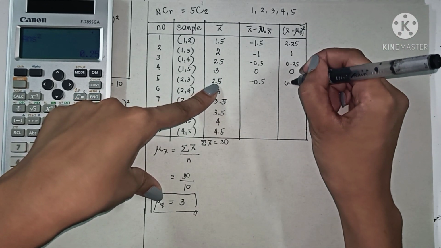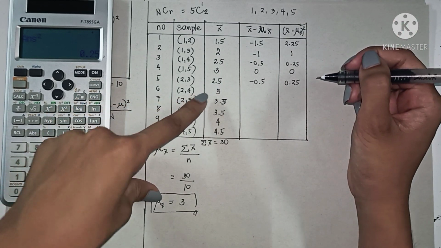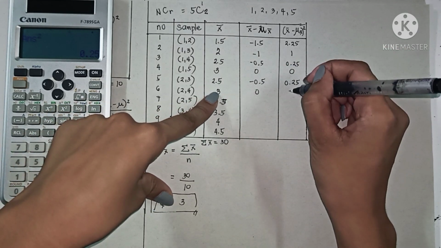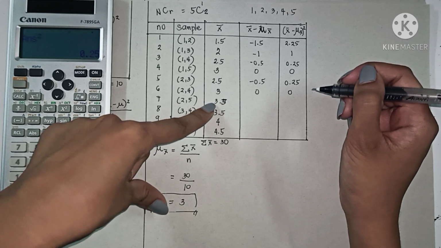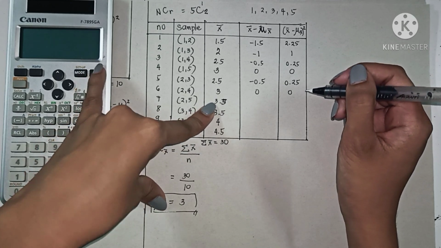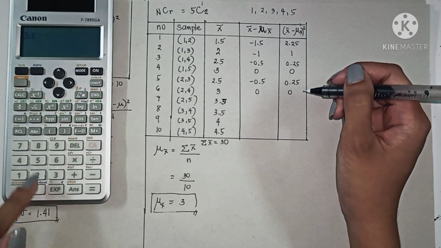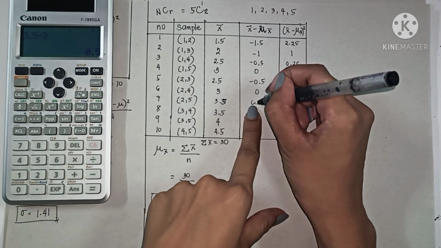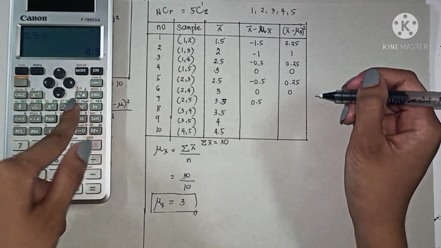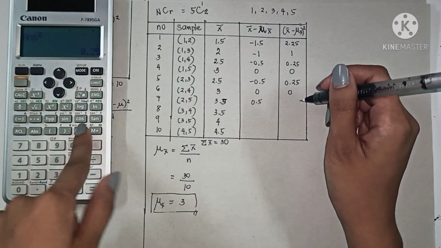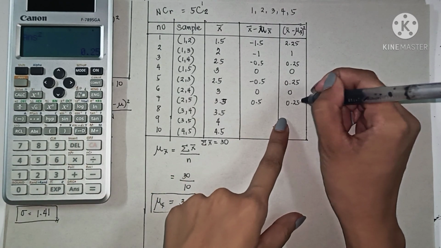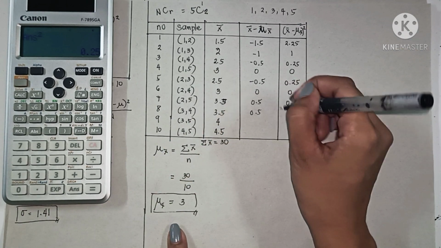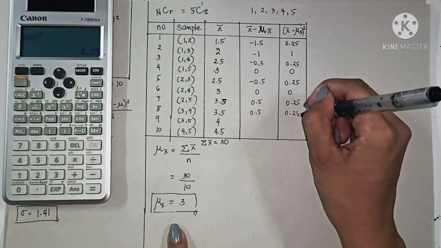Squared lang natin. 0.25. If x is 3, 3 minus 3 is 0. Squared, that is equal to 0. 3.5 minus 3 is equal to 0.5. Then, squared lang natin, and that is equal to 0.25. And next, 3.5 minus 3 is 0.5, then squared 0.25.